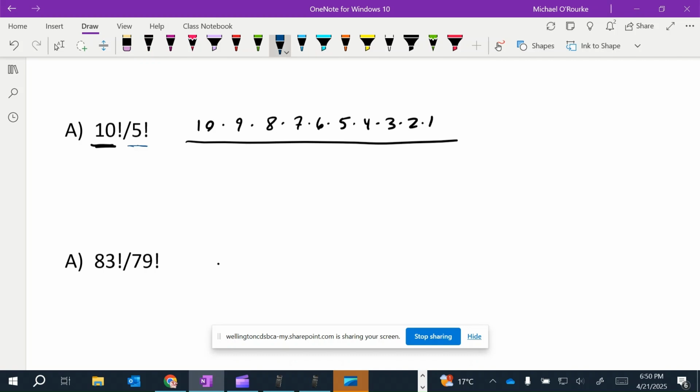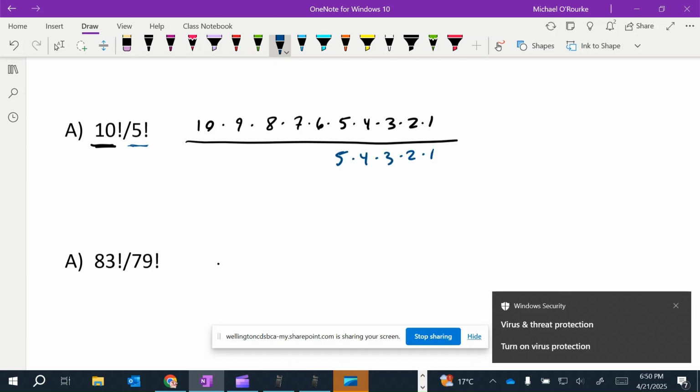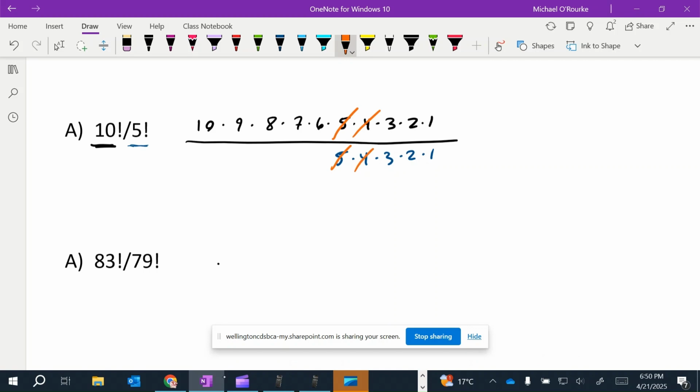And then 5 factorial is 5 times 4 times 3 times 2 times 1. Now, we can cancel. So 10 factorial over 5 factorial, we're just left with 10 times 9 times 8 times 7 times 6.